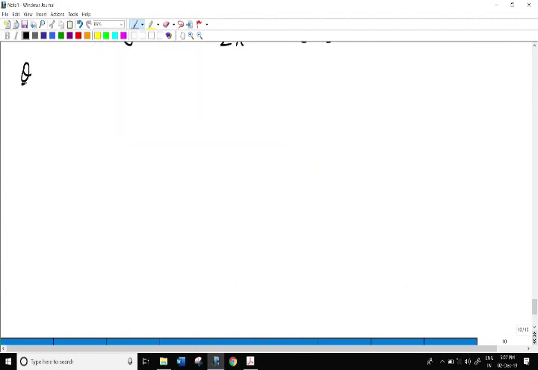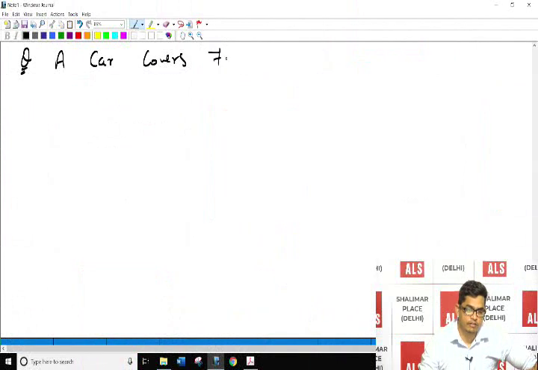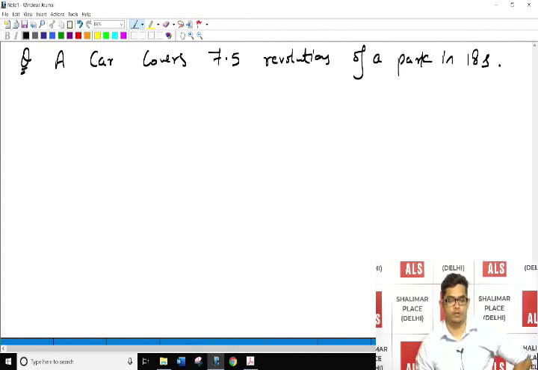Let me ask you a few questions. A car covers 7.5 revolutions of a park in, let's say, 18 seconds. That's very, very fast. I am giving you random data, so the answer might have decimals, please excuse that. A car covers 7.5 revolutions of a park in 18 seconds.